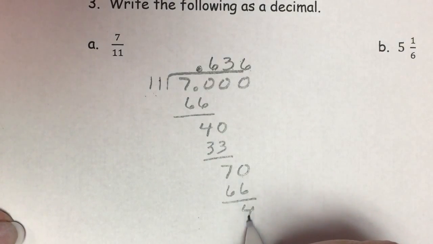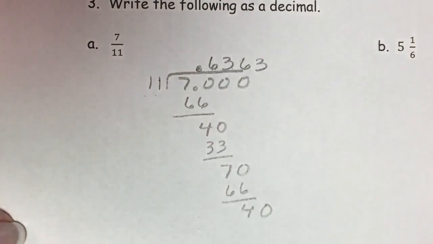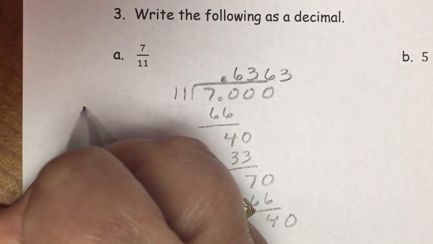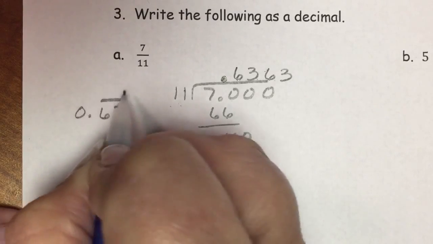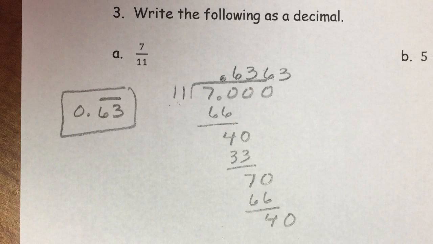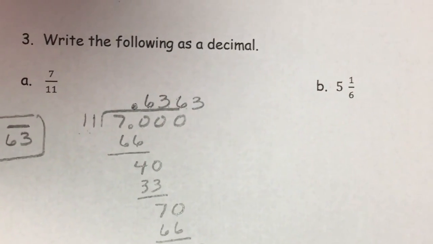Subtract, you get 4. Bring down the 0. 11 goes into 40 3. So you can see that the 63 is going to repeat. So my answer is 0.63 with the repeating bar over the 6 and the 3. Most of the time that's what's going to happen. It'll either repeat or it'll come out evenly.